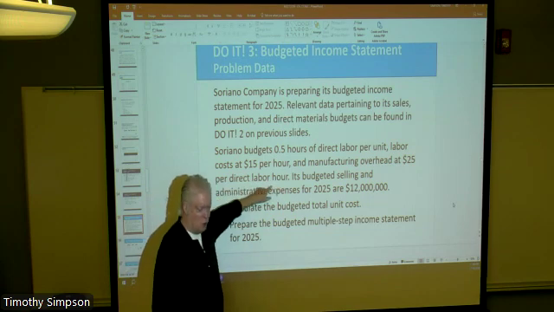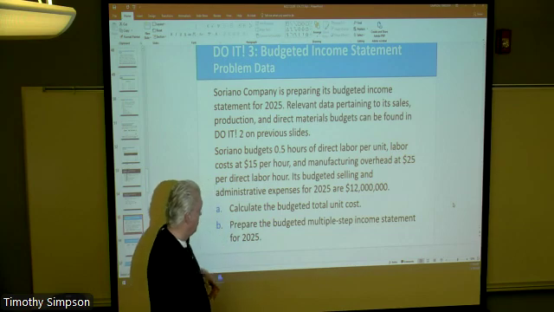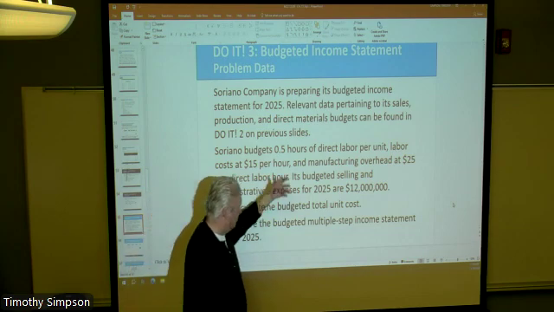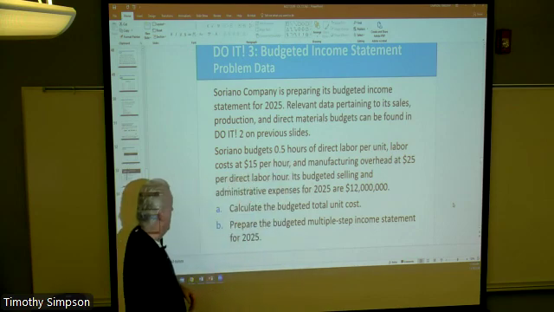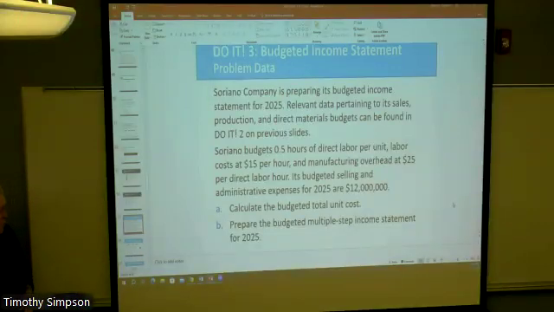Remember that they were using a traditional overhead costing system where we take labor as the driver, right? Selling and administrative expenses are given at 12 million, and we calculate the budgeted total unit cost and do the multiple step income statement. Remember, the multiple step income statement is that 3-step statement that even though it's not prepared for external use, it is nonetheless something we can use internally.